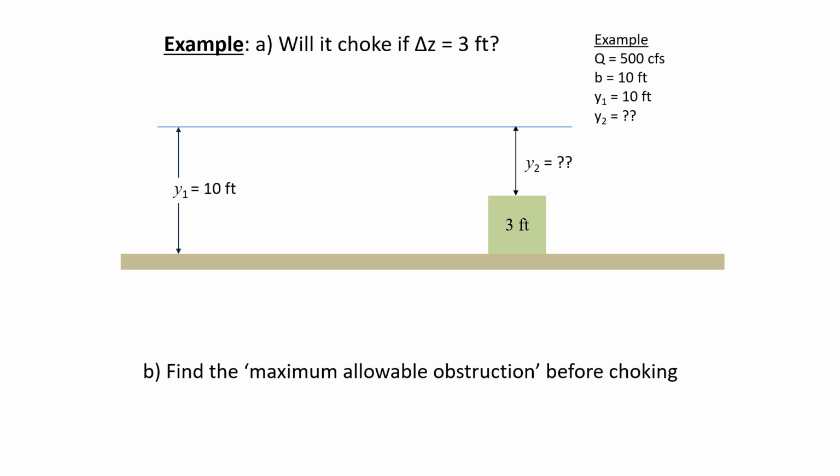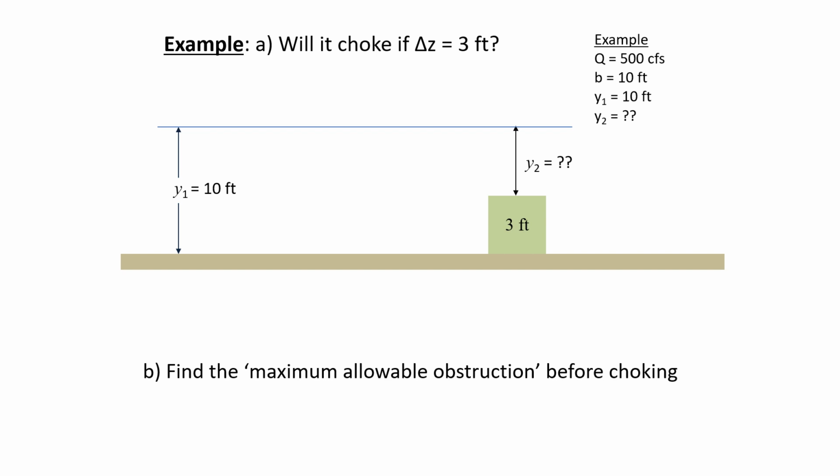Okay, so that's the depth. The depth alone has enough energy. Let's add in the velocity head. So 500 CFS squared divided by 2 times 32.2 feet per second squared, that's our g, and then the area squared.